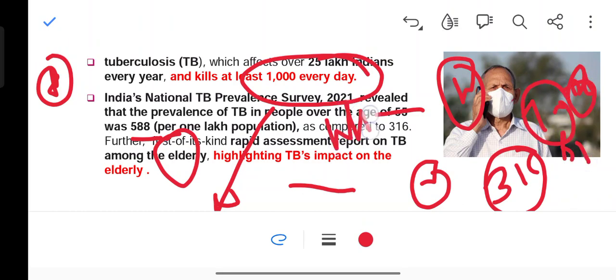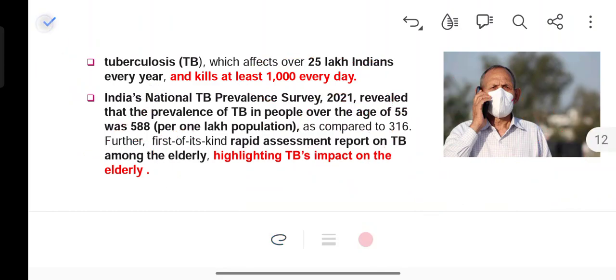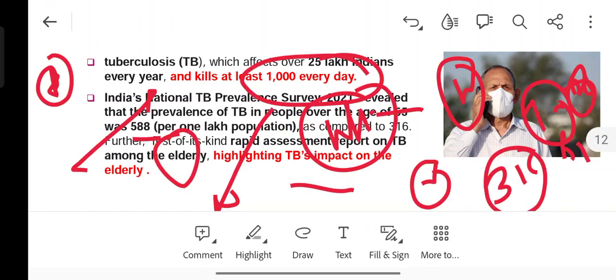And what is the target of WHO? Will we be able to achieve the target of ending TB by 2025 if the present trend continues? You can also answer and analyze that. This target is not going to be achieved. Why? Because the rate of incidence and the rate of patients getting diagnosed is very high.